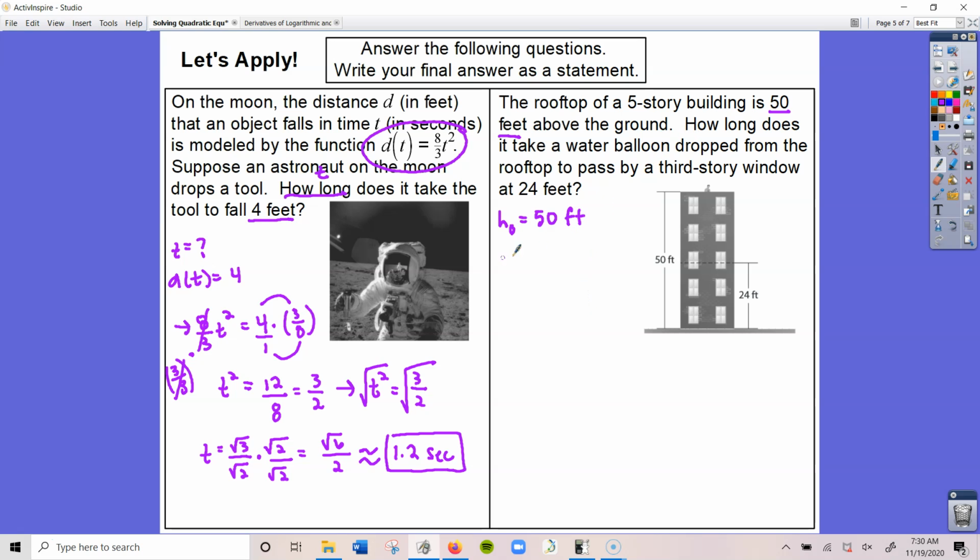And we're trying to figure out how long, so I'm looking for time, for the water balloon to pass by the 3rd-story window, which is at 24 feet. This is the h of t, because that is the height of the water balloon.